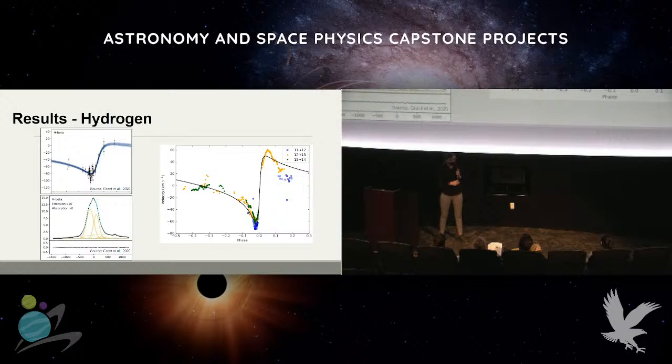So this plot on the right-hand side of the screen is showing the velocity of the star. It's showing how they speed up as they get close together and then slow down as they move further apart. And then we are actually able to compare this to a previous analysis done of Eta Carinae by Grant et al.